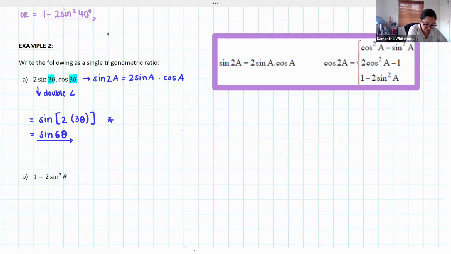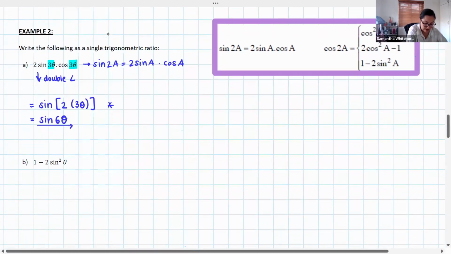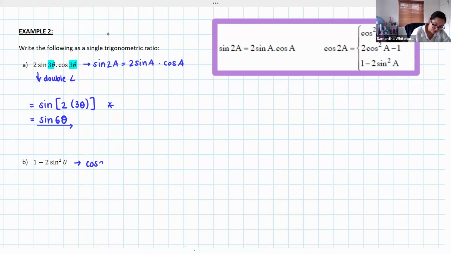Right, so question B, we've got 1 minus 2 sine squared theta. If we have a look, this matches up with a cos double angle. So cos of 2a is equal to 1 minus 2 sine squared a. That's the identity we're working with. So we're going to simplify this to a single cos double angle.